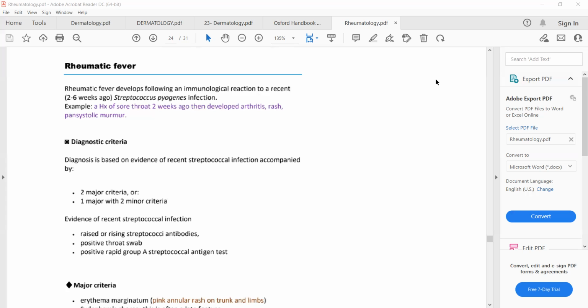So these were some disorders that a person can develop after a history of upper respiratory tract infection due to streptococcus. Now, there's one more complication of infection with streptococcus pyogenes, that is rheumatic fever.